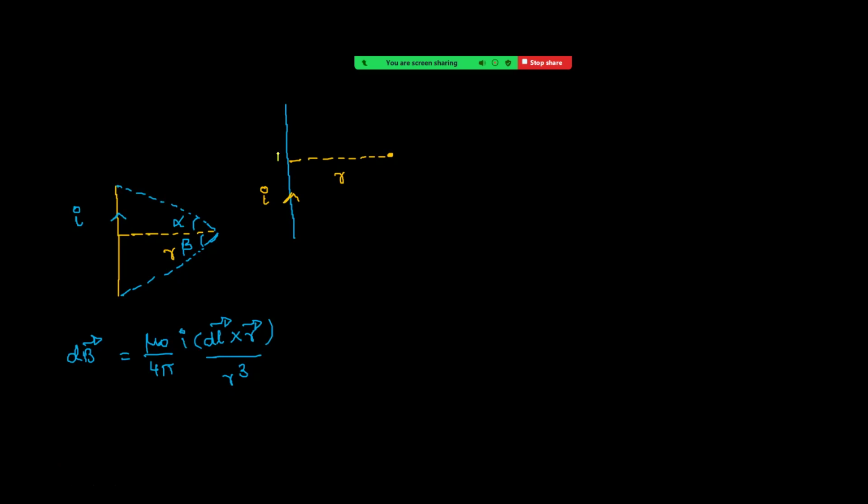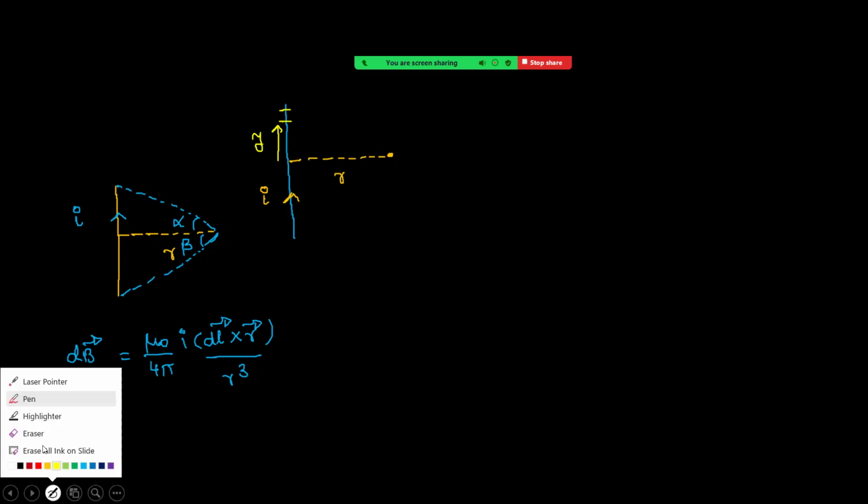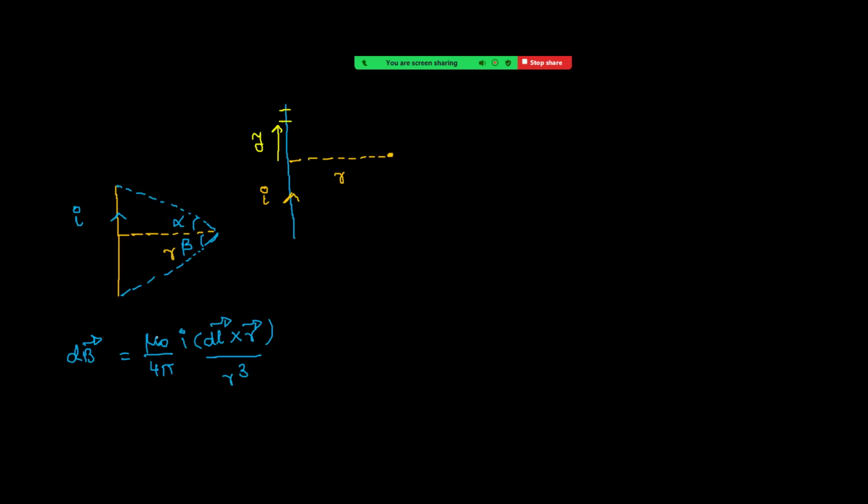I am taking from here distance y, an element of length dy. We are taking now from this line at a distance y, a small element of length dy. Now see, because of that small element, what is the strength of the field at this point?